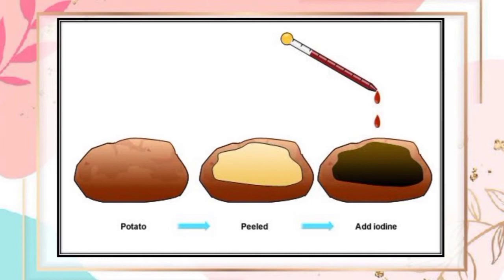Second step, put a few drops of iodine solution onto the cut side. Observation: the iodine solution turns the color of the potato bluish black. Conclusion: this shows that potato has a lot of starch stored in it.